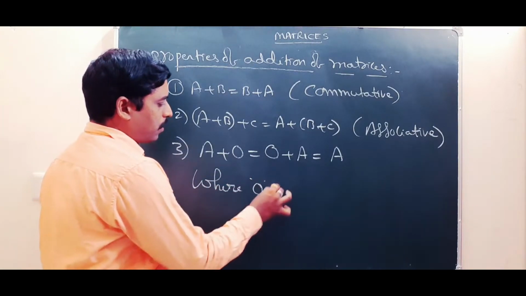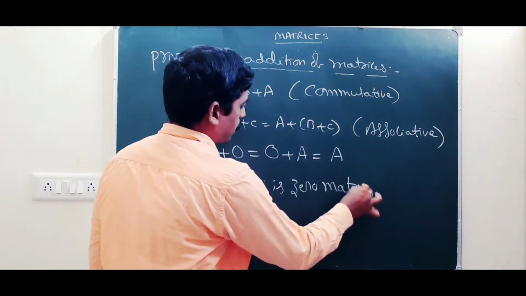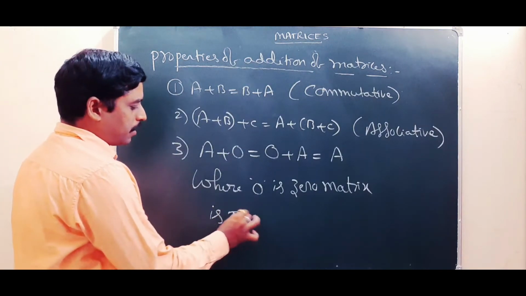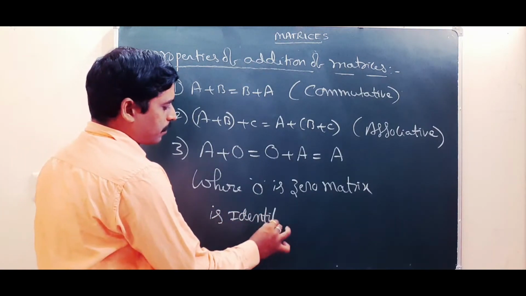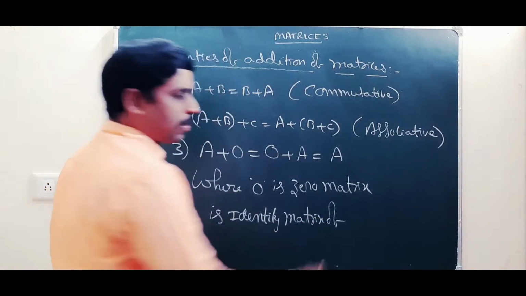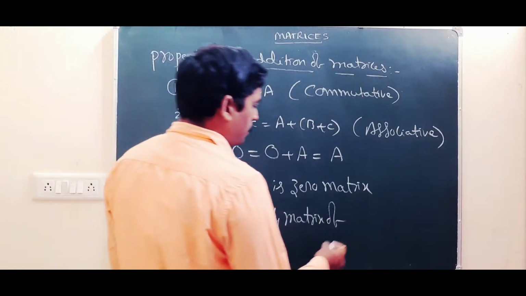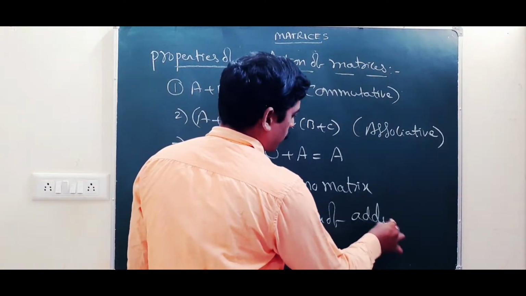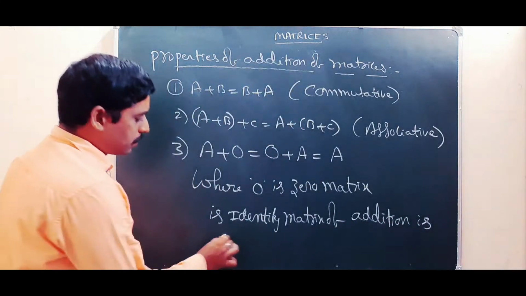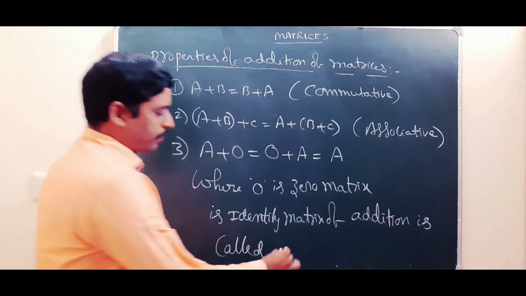Here O is the zero matrix, the identity matrix of addition, which is called the additive identity.